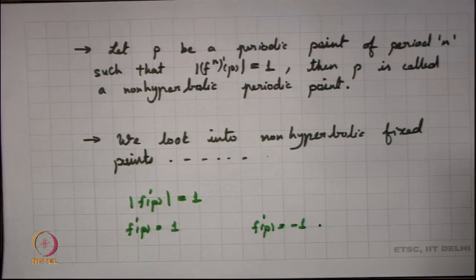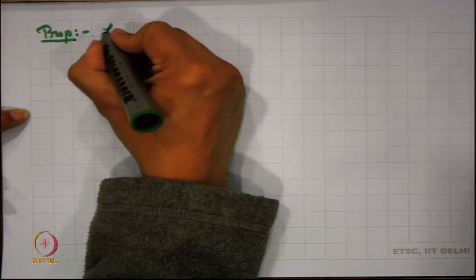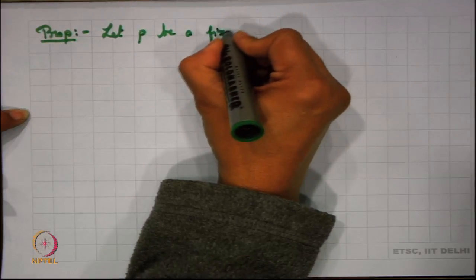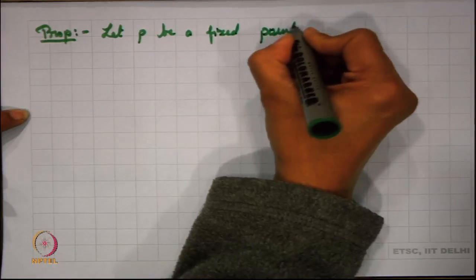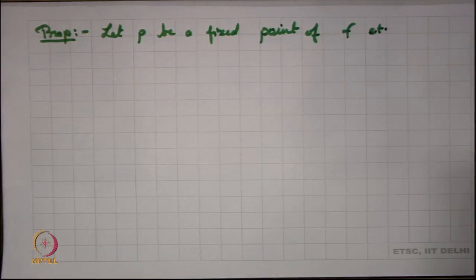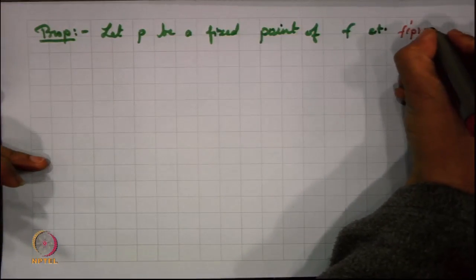Now, we will try to look into the case when f prime of p happens to be equal to 1 and for that we look into a proposition. So, we start with the proposition here. Let P be a fixed point such that I just want to emphasize here that mod of f prime p is 1.